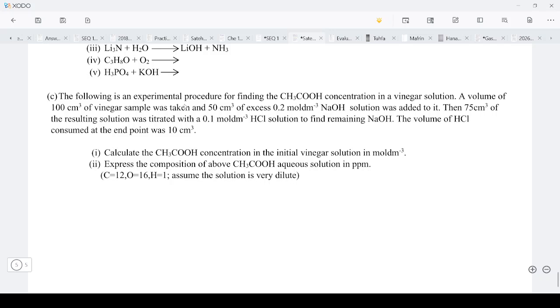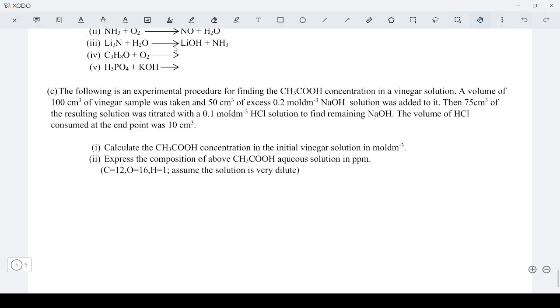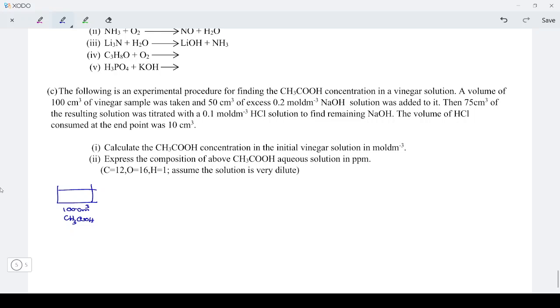Okay, so here's the theory you have to understand. I'll give you a small diagram for this one. You have 100 cubic centimeters of this acetic acid sample. Okay, and then you add 50 cubic centimeters of sodium hydroxide, and it is telling excess.